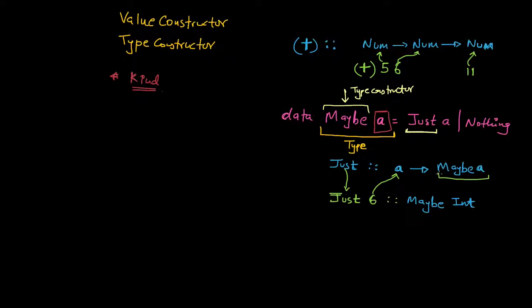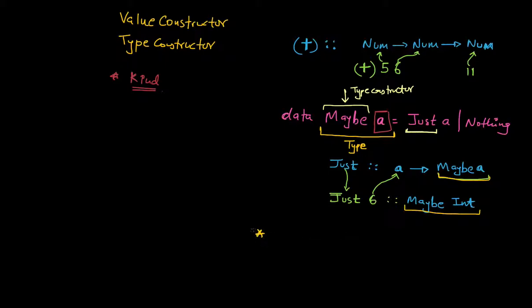Meaning in this case Maybe of a is the entire type, which actually got translated to Maybe of an integer when you passed in an int as a value to the value constructor just there. So if that's the entire type, then every type which happens to be concrete like this has a signature, or the type of a concrete type is basically a star.